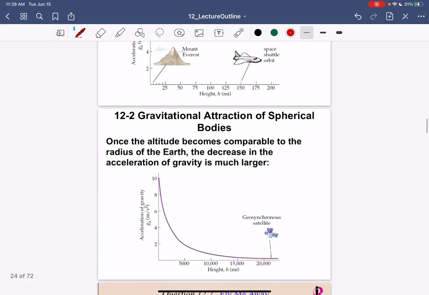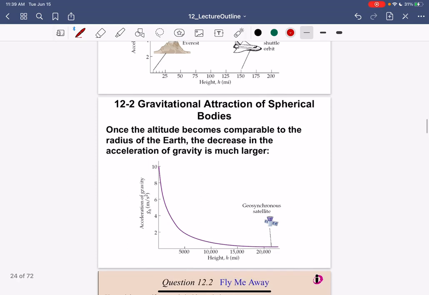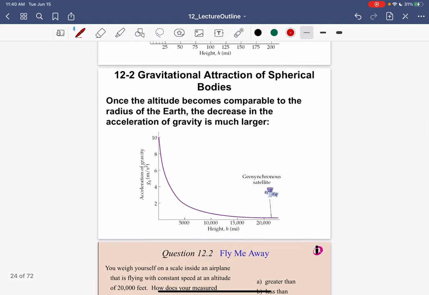Now, once the altitude becomes comparable to the radius of the Earth, the decrease in the acceleration of gravity is much larger. Okay, and here we are showing you a graph that shows the values of acceleration of gravity with respect to the height, and this is in miles.